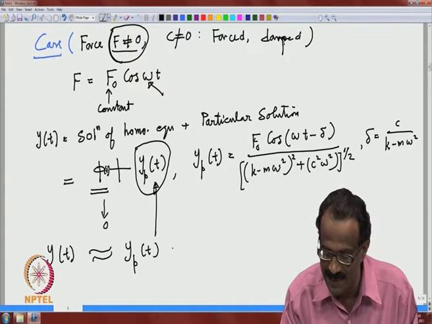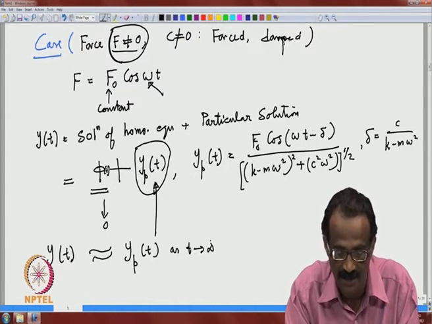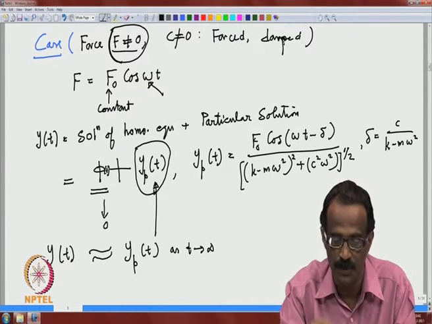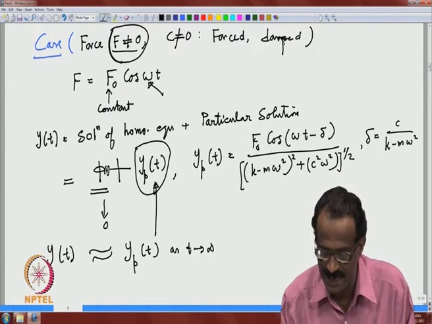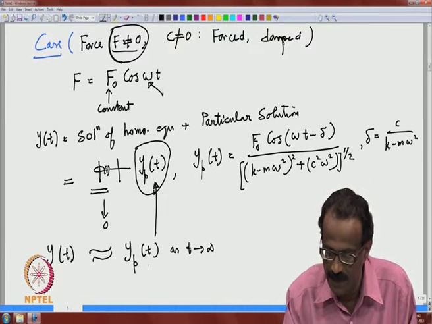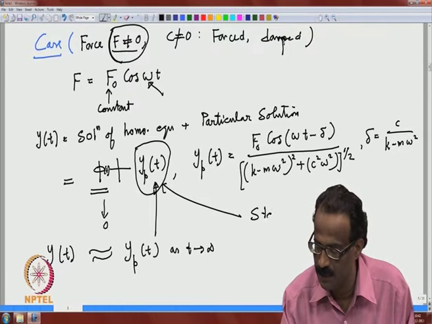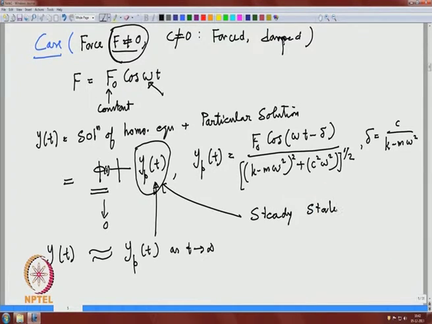So as t tends to infinity, the behavior at large time will be of yp(t), which is coming due to the external force, and nothing more interesting. This is called the steady state. Physicists call this yp the steady state solution. You can understand why it is called a steady state, because eventually it is steady.